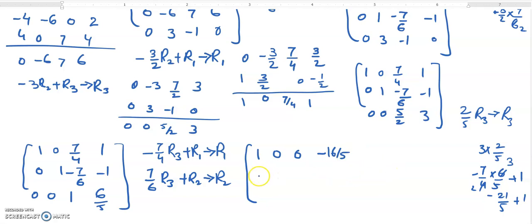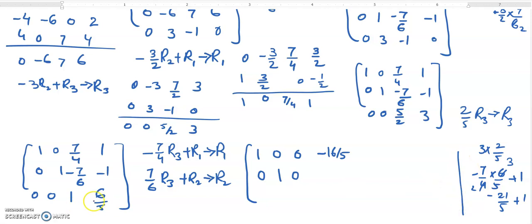Okay, and how about this one? This will remain as 0, and this will remain as 1, and this has to be 0 because of 7 by 6. Now we multiplied by 7 by 6.